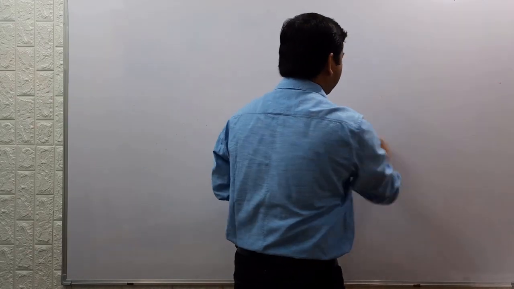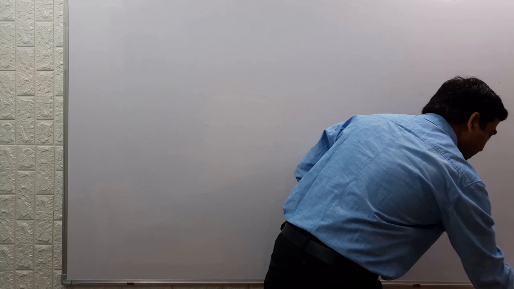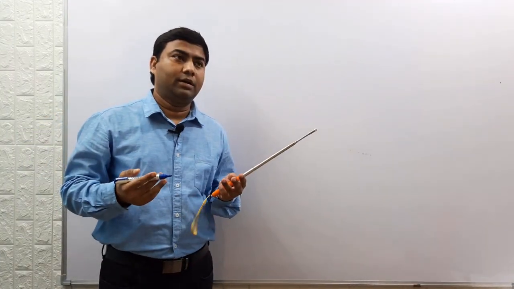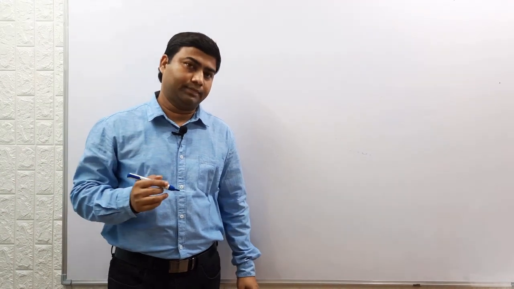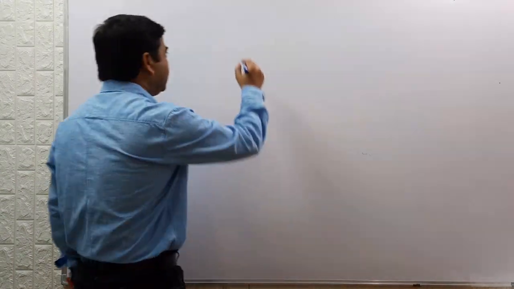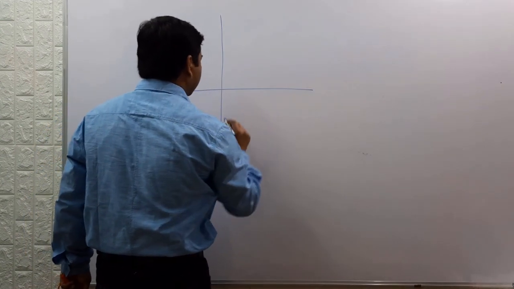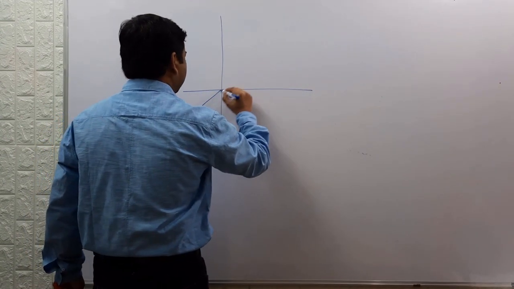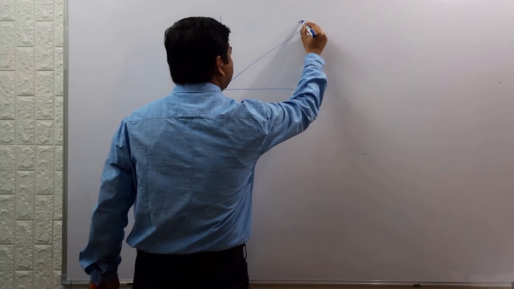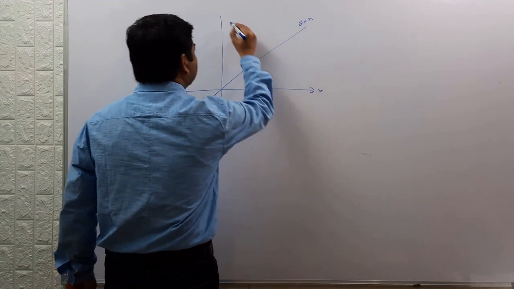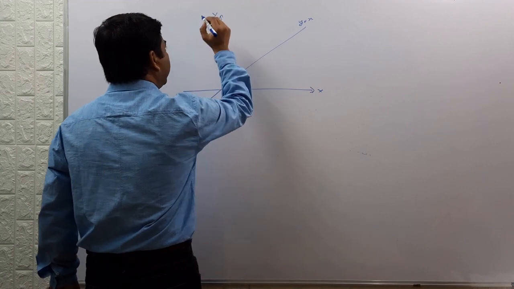We are going to understand the concept of integration with a simple example. Let this be the line y is equal to x. This is the x-axis. This is the y-axis.